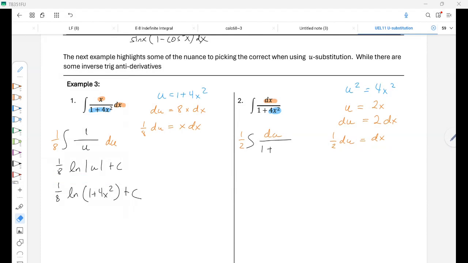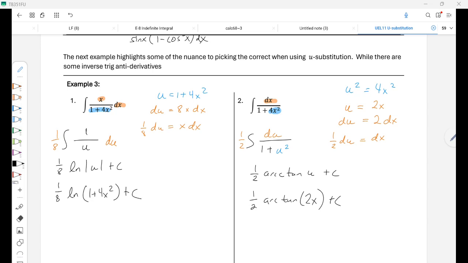Sorry, that we didn't fix anything if I'm writing 4u squared. 1 plus u squared, meaning that my antiderivative is arctan of u. So I'll just write 1/2 arctan of u plus c, which means we've got 1/2 the arctan of 2x, not 4x squared. Be careful with that one. I almost made the mistake. It is the arctan of u.